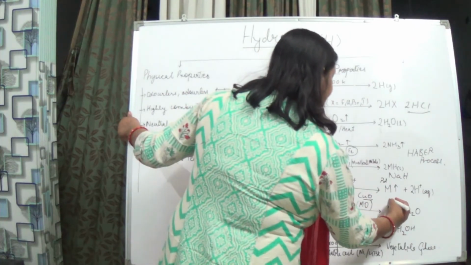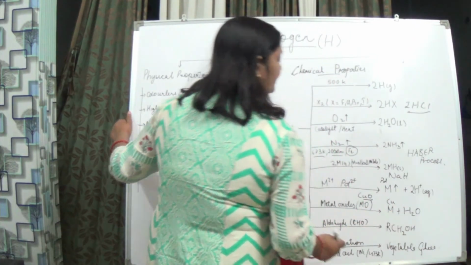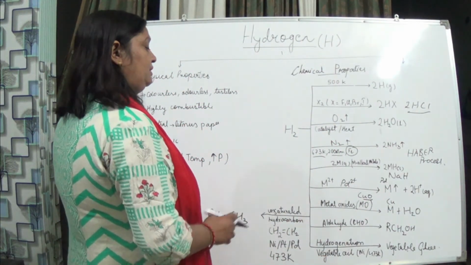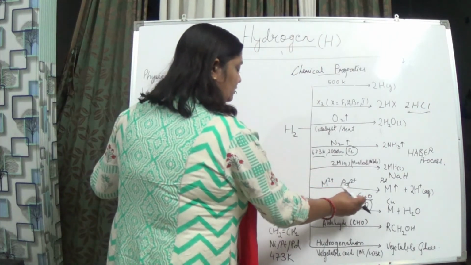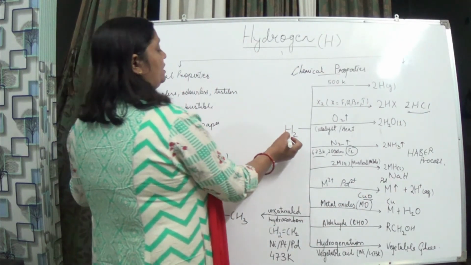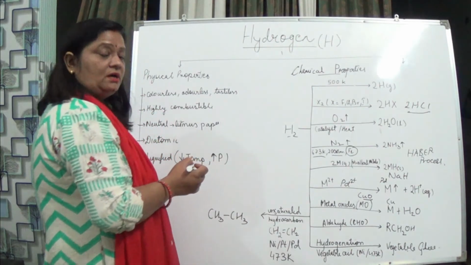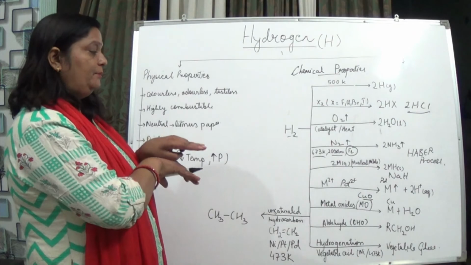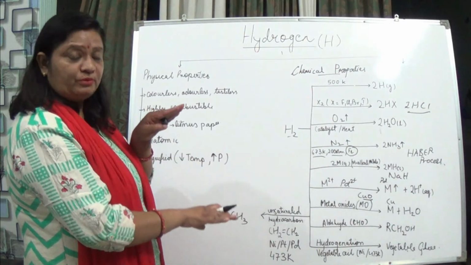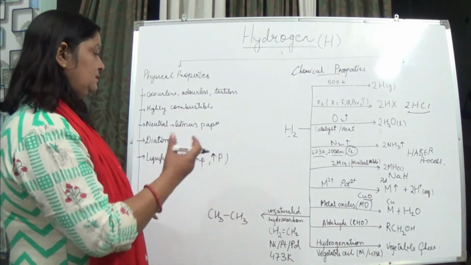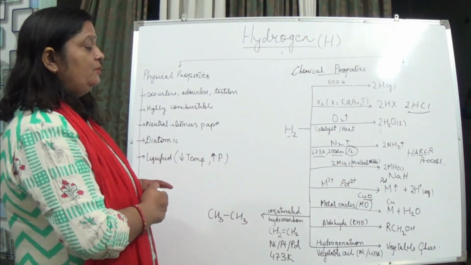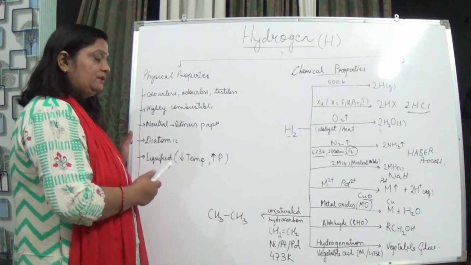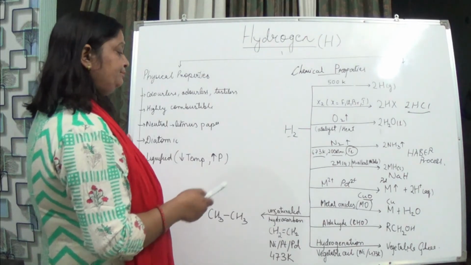Copper, Cu, plus H2O. Here you see the metal oxide is reduced by hydrogen, as the metals which react with H2 come below hydrogen in the reactivity series. In place of copper oxide you can take lead also, or silver also.